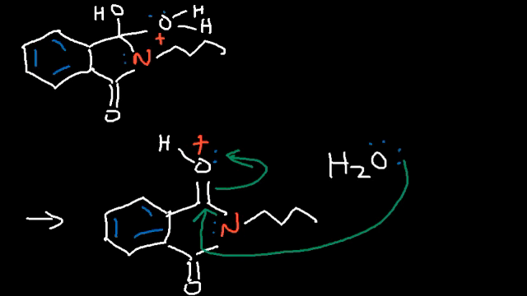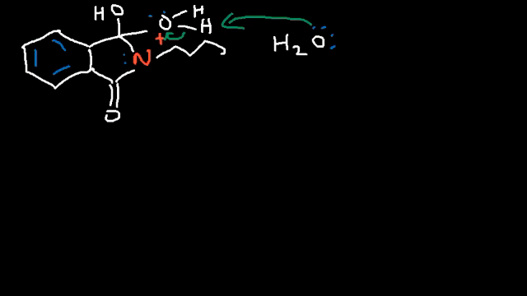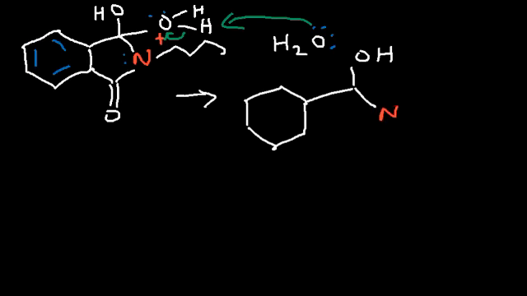So now in the next step, another water molecule will act as a weak base, and it's going to take away a hydrogen atom, giving us two hydroxyl groups. So we're going to have this structure.